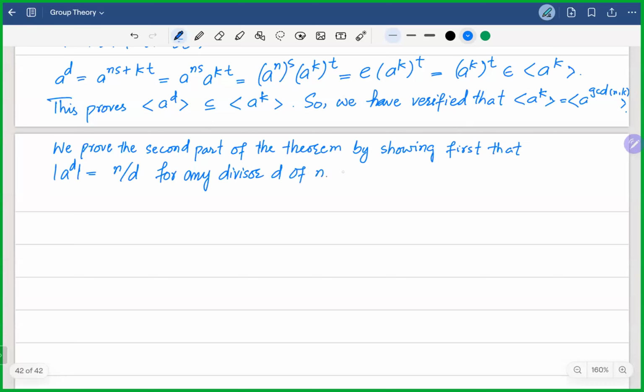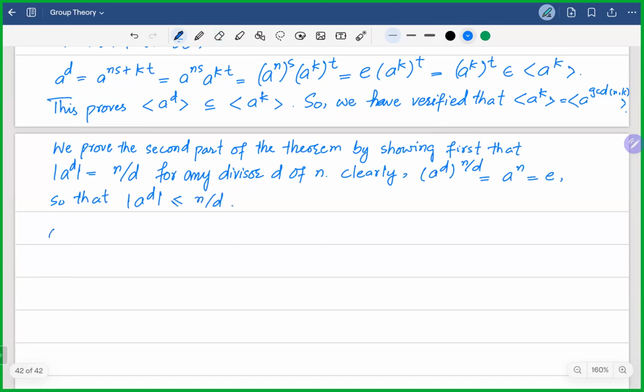Now clearly a power d power n quotient d is going to be a power n, which is e, so that the order of a power d is less than or equal to n quotient d.